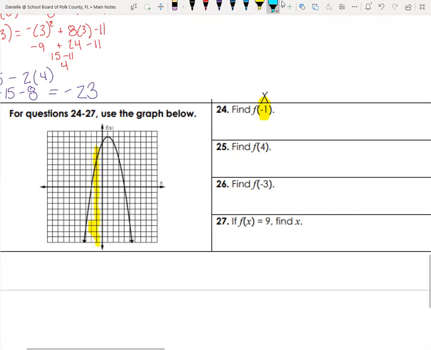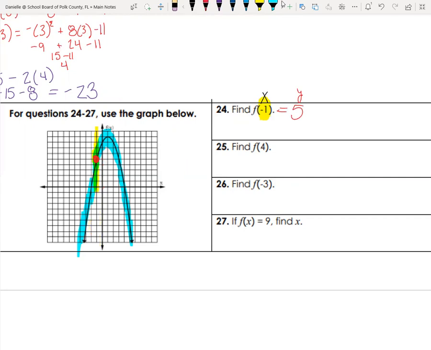And what I need to identify is where does my parabola, this upside down looking u, cross at our x value of negative 1? Where does it cross? Well, it surely crosses right here. And what is that value? 1, 2, 3, 4, 5. So this equals 5. Remember, 5 is technically our y value. We could also call it our output.